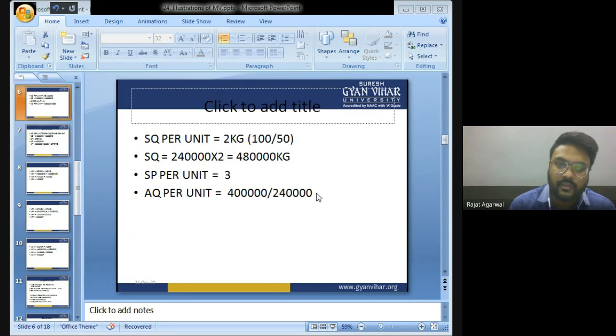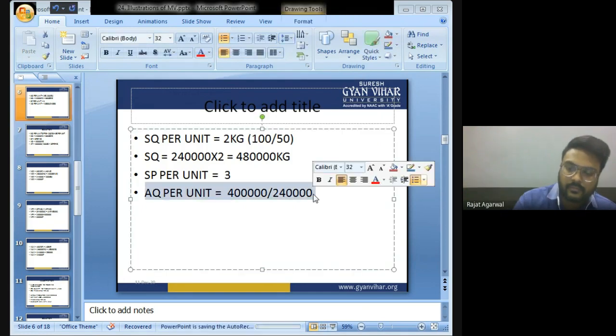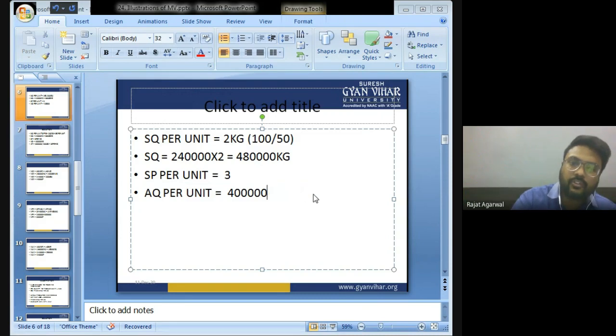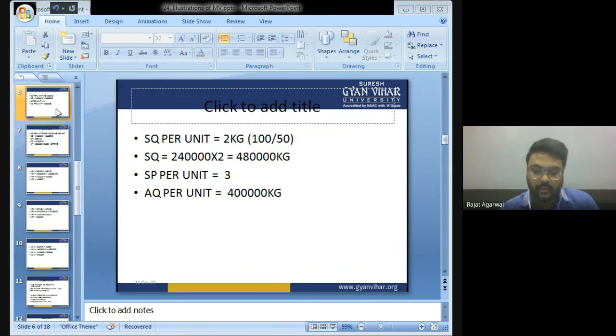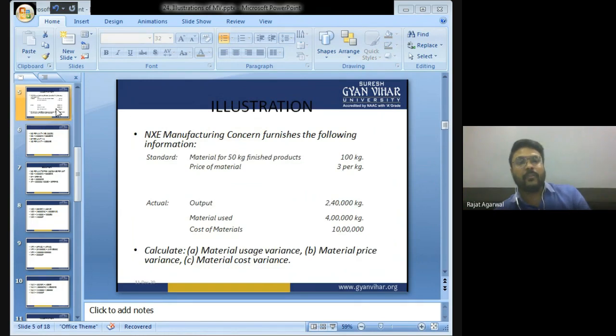Actual quantity is 4 lakh kg. Actual quantity is given in the question, that is 4 lakh kg. And you can see actual material consumed is 4 lakh kg. Cost of material is 10 lakh.